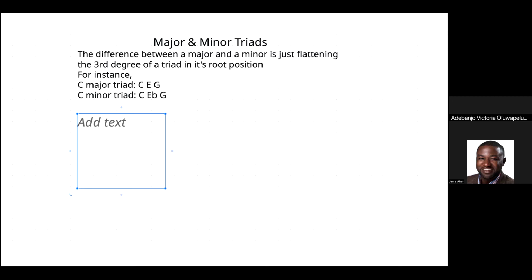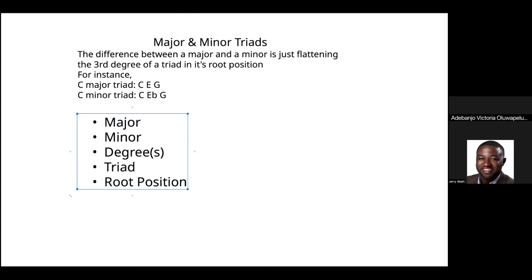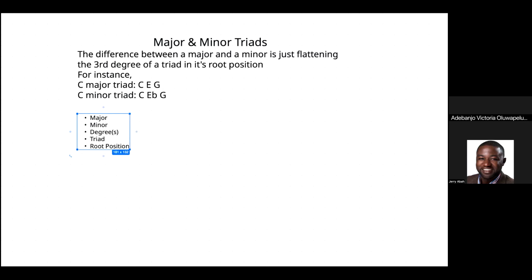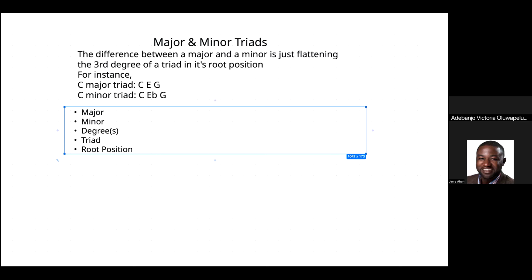So you must understand what all of these 5 terminologies mean in music for you to understand this definition. So the moment we finish dealing with these 5 items, it will be very easy for you to grasp this definition.